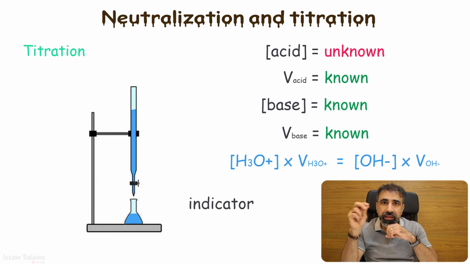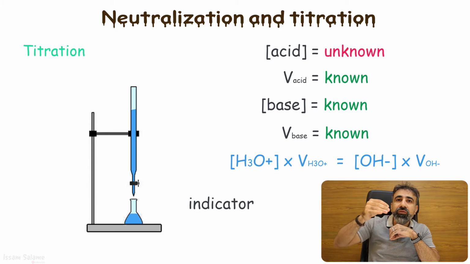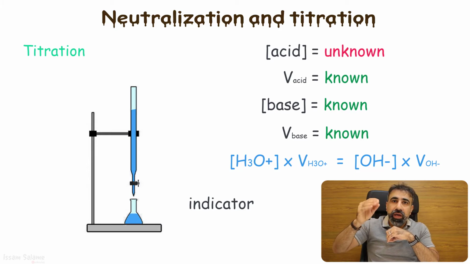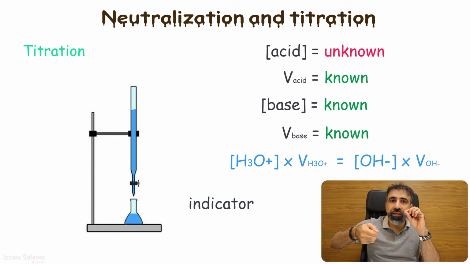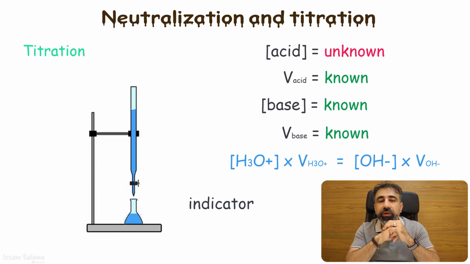So by adding the indicator to the acid, we know at what time we have to stop. At that time, there will be a sudden change in the color. When you notice a sudden change in the color, you stop adding the base, and then you know that this point is the equivalence point.